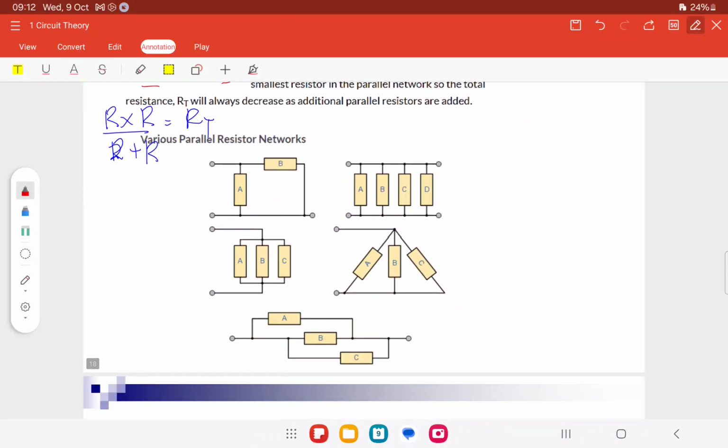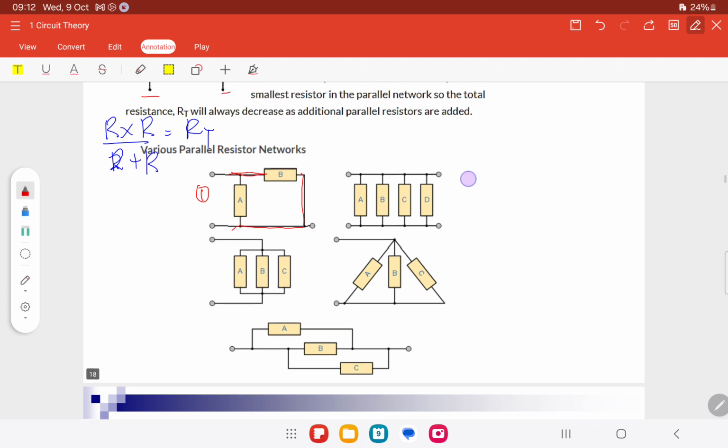This is yang bawah also cara lukis all the resistor for parallel. If this one, the first one, kalau kita tarik, this is one knot, this is also satu knot, kan?